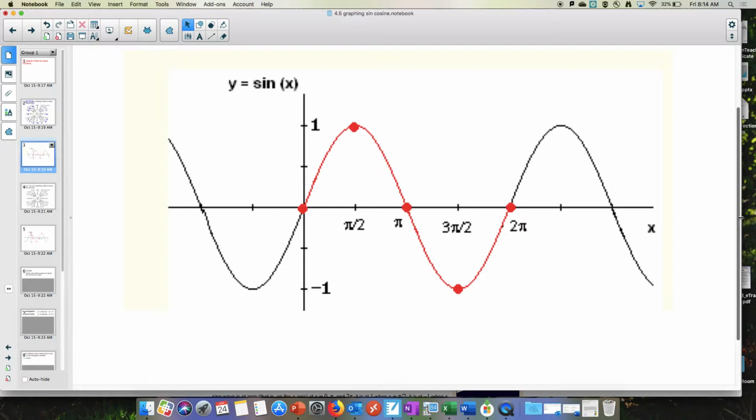But this is the parent function for y equals the sine of x. It's going to repeat that S shape over and over and over, but that piece in red is one unique chunk of it that we're going to focus on.